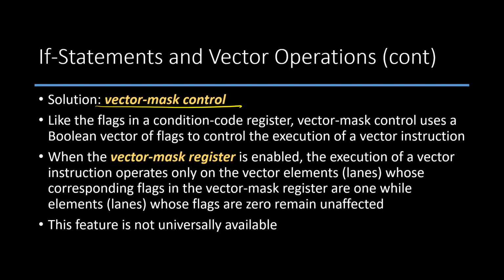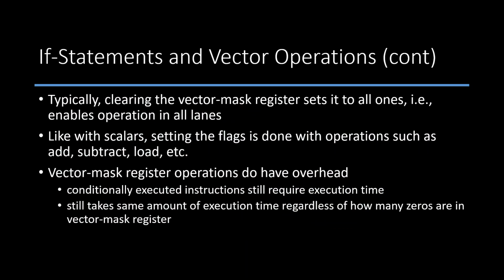Notice that whenever we clear these flags, this sounds kind of funny, but when we clear these flags, it actually puts 1s in all these positions. In other words, it enables the operation to occur in all of the lanes. The condition statements, or the if statements that we were using before, those are actually going to put 0s in the individual bit positions.